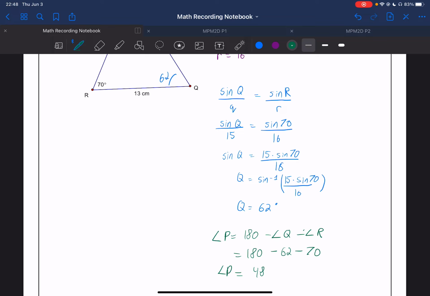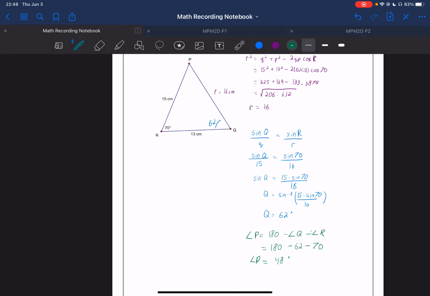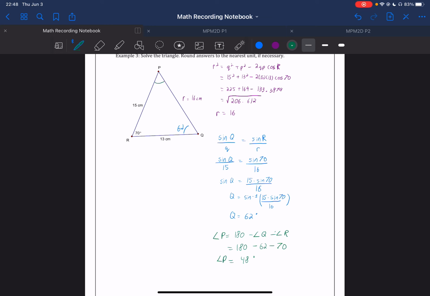So angle P is 48 degrees. And through all those steps, we have found and solved our entire triangle. We now have all three interior angles and all three sides. We started off with the cosine law, then went to the sine law, and then went to our angles.